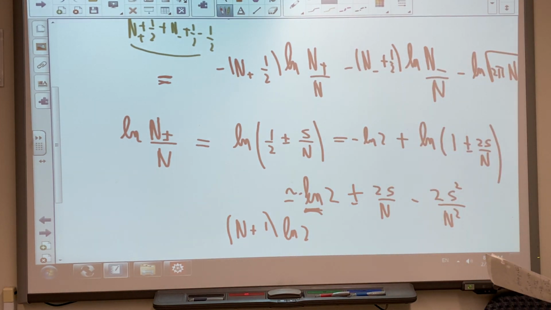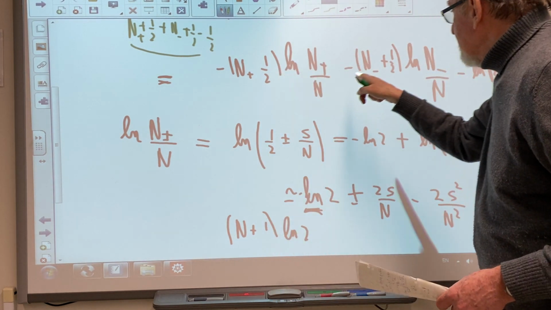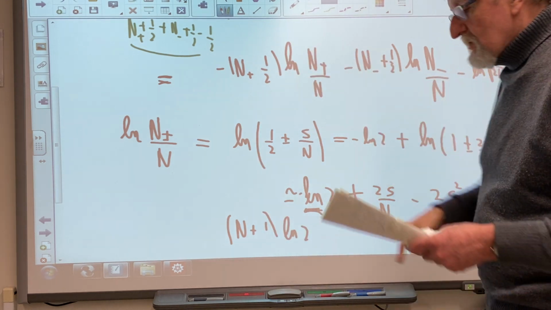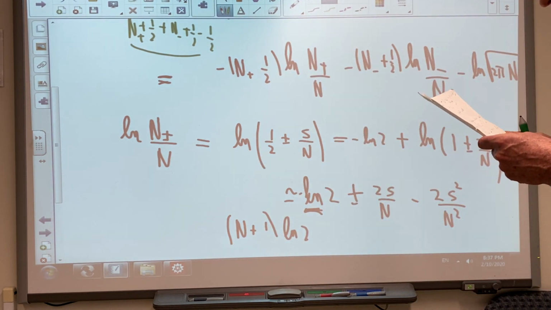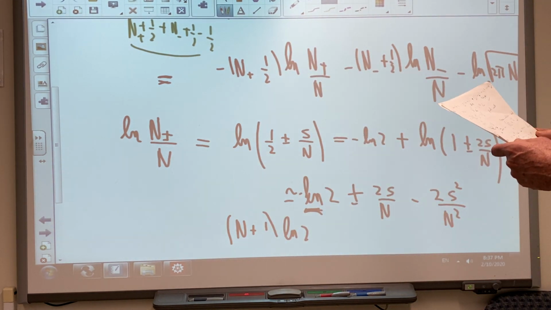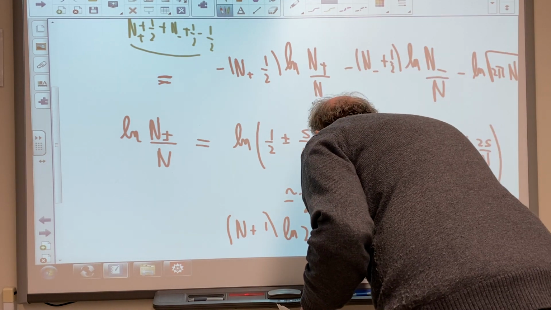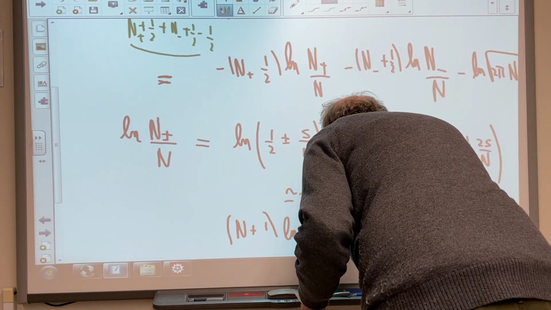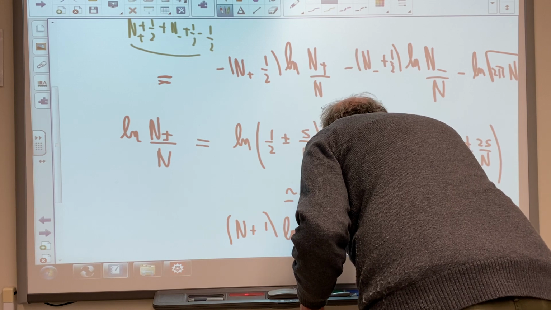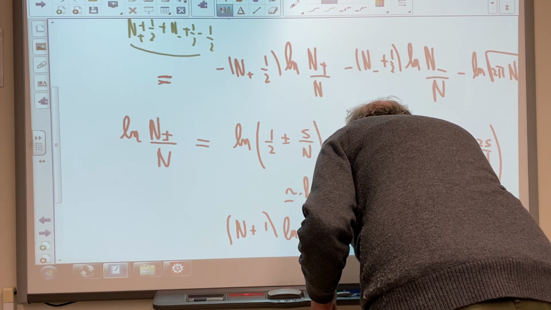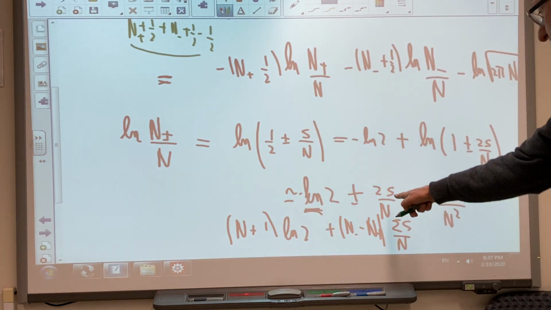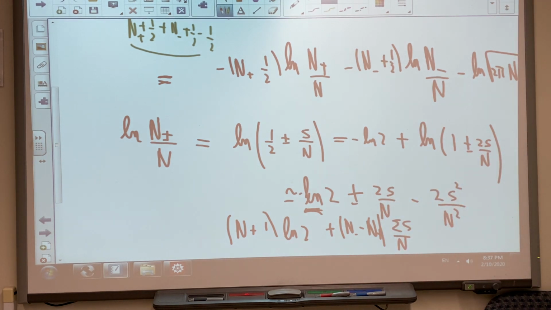So when I subtract this minus this, I get n minus n plus. So the next term will contain n minus n plus, 2s over n. So this term comes from the second one.